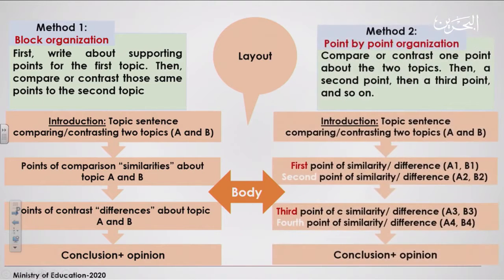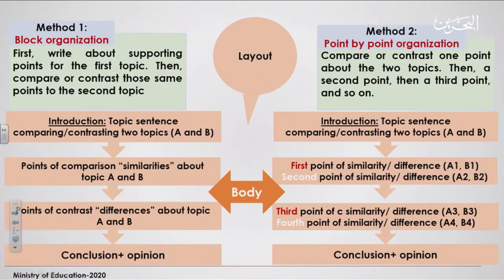Whereas the point by point: introduction, first point of the similarities, then the second point, that is a difference. The same point we're tackling, I'll first present similarity, difference, similarity, difference, point by point. And in the end, there will be conclusion plus the opinion. That is the main difference.